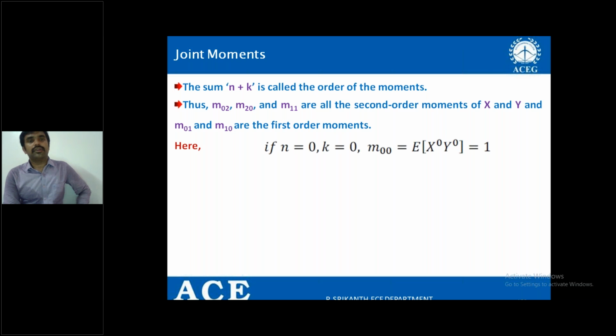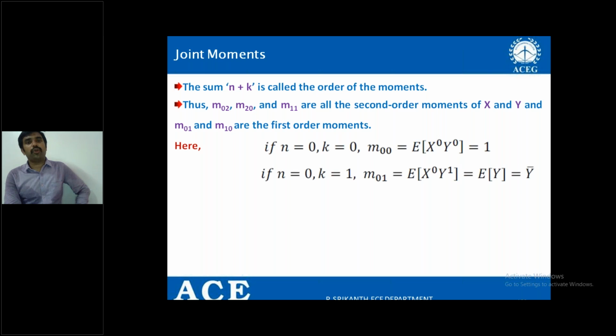Here if n equal to 0, k equal to 0, what is going to happen to the function here? Ultimately it is equal to 1, that is, the zero order moment is always 1. Zero order joint moment about the origin is 1. And if n equal to 0 and k equal to 1, m01 becomes expectation of y, that is y bar.